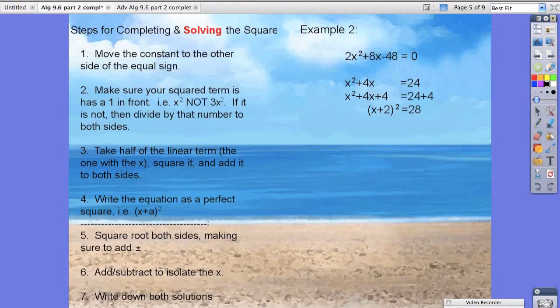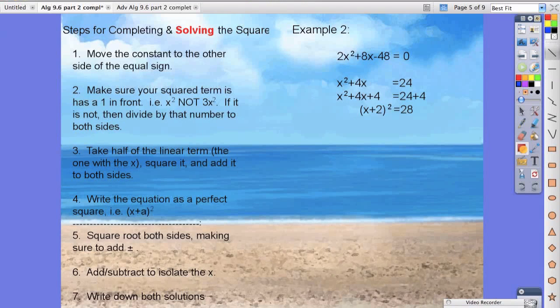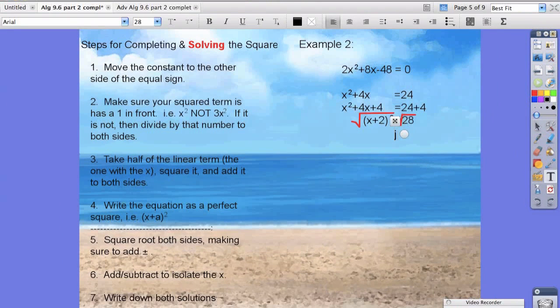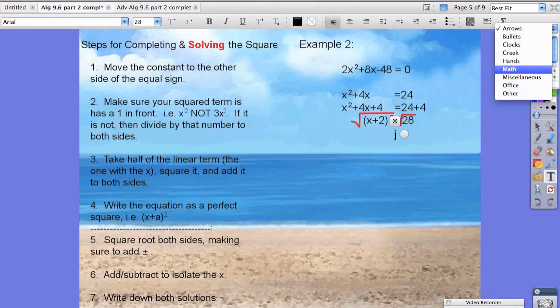Let's try another problem. Example 2, we get x plus 2 quantity squared equals 28 on the bottom. Step 5 is to square root both sides. And then we have to do plus or minus, of course.